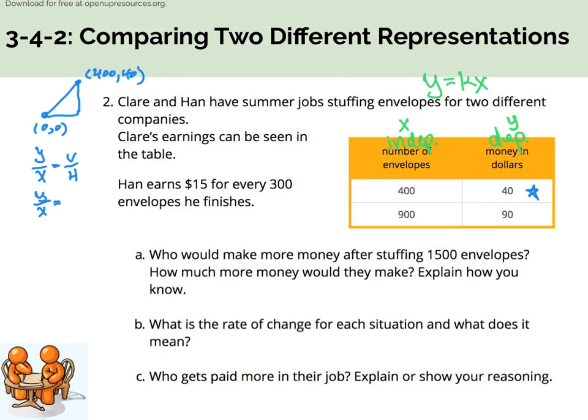So let's label that. So vertical is 40, and then horizontal is 400. And then let's cross multiply and divide. So we have 400y equals 40x. We're going to divide by 400. And because 400 divided by 400 is 1, it leaves y by itself. And then we have 40 over 400. Let's put that into our calculators. Let's reduce that down as much as possible.